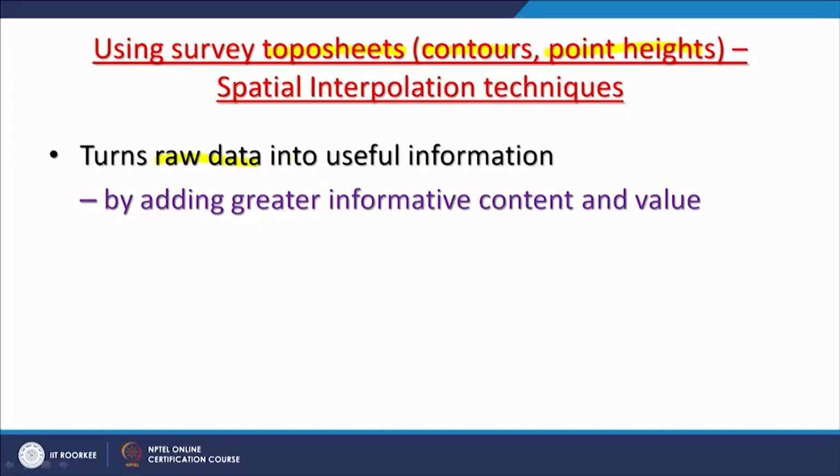If you see point height data, you do not get much information, or you cannot recognize a pattern or anomaly or any other such thing. But if you develop a surface using interpolation techniques, then that raw point data becomes very useful information. This is the advantage of employing interpolation techniques.